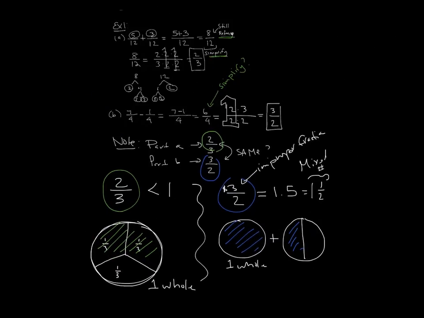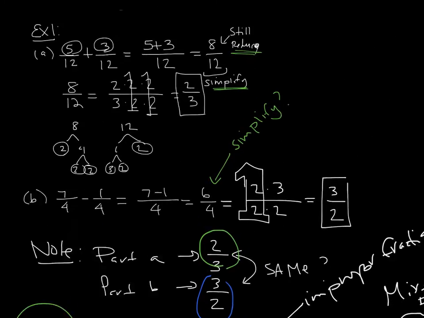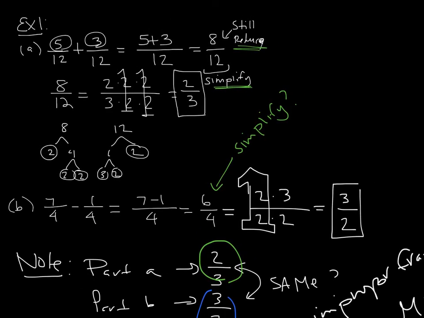And something else that I wanted to say. You can actually draw the picture out. You can draw a pizza with 12 equal slices and then shade in the 5, and then a pizza with 12, again, equal slices and then shade in 3, right?